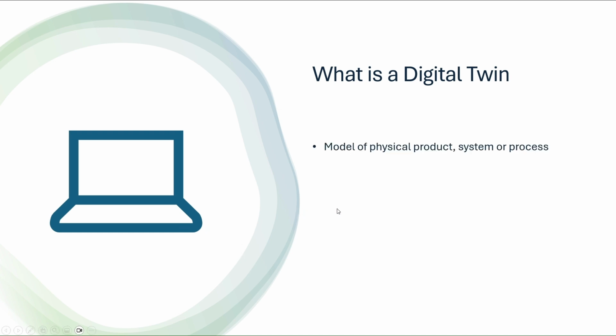So a digital twin is actually a model of a physical product, system, or process. This model is a mathematical model, and it actually tries to recreate the product, system, or process in the digital world. What it's mainly used for is testing and simulation.